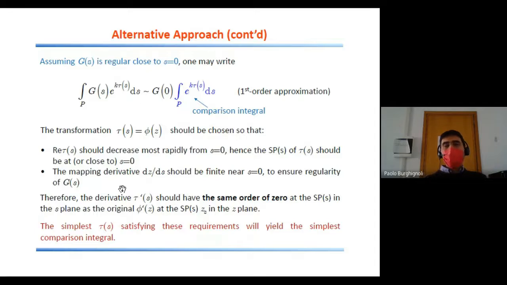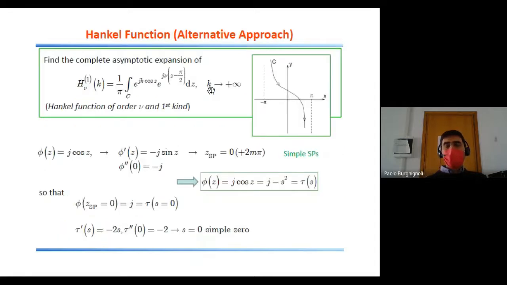Now, you can choose any function tau as you like, as long as those requirements are met. And typically, the simplest function tau is the one that is chosen to build the so-called comparison integral that is then evaluated analytically.